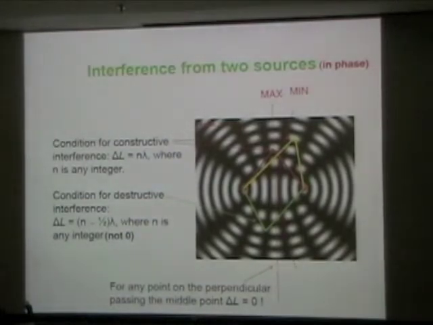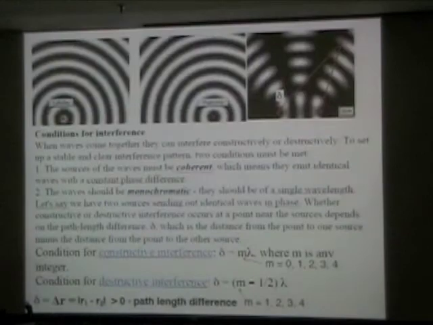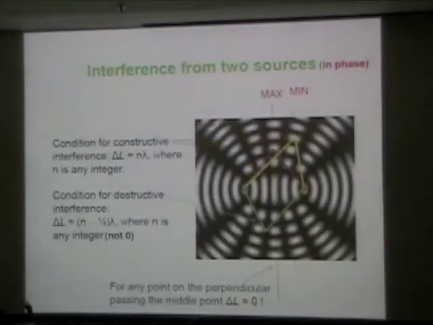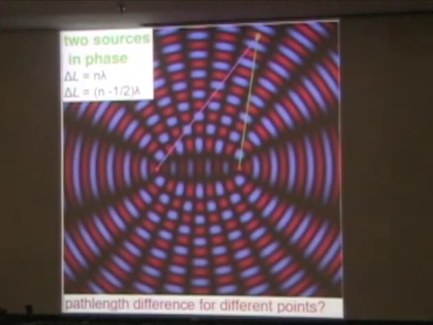So here again, along this line, on the perpendicular, we are always going to have maximum of intensity. That's the central maximum, and all these points represent the central maximum. And we can use this fact to answer the question about what's going to happen somewhere else.